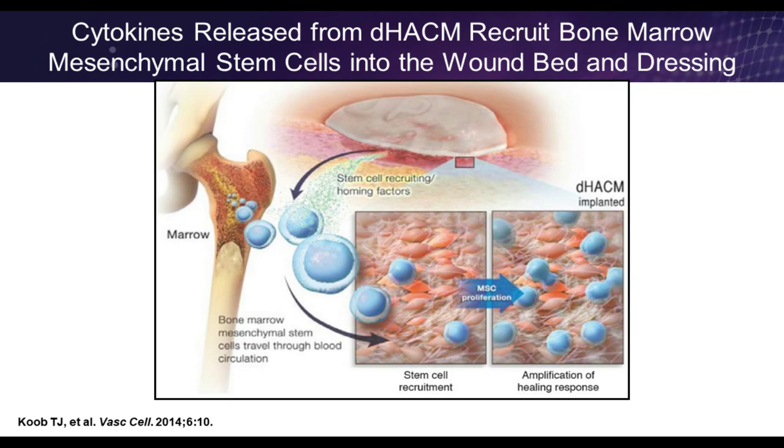As you see in this slide, the cartoon shows that the factors released from the amnion-chorion membrane increase the migration and chemotactic movement of bone marrow mesenchymal stem cells from the bone marrow through the blood to the area of the chronic wound where the amnion-chorion membrane is implanted.